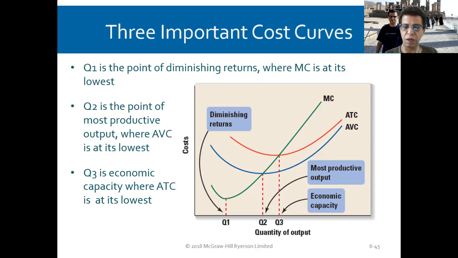In Q3, this is economic capacity, where the average total cost is at its lowest point. Say you have a place of 1,000 square meters, and this is the average fixed cost, and you have a machine that takes only 200 square meters.